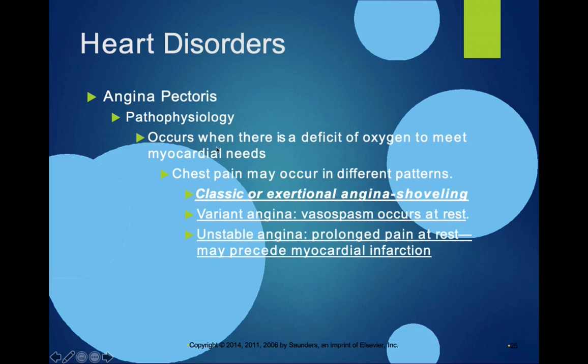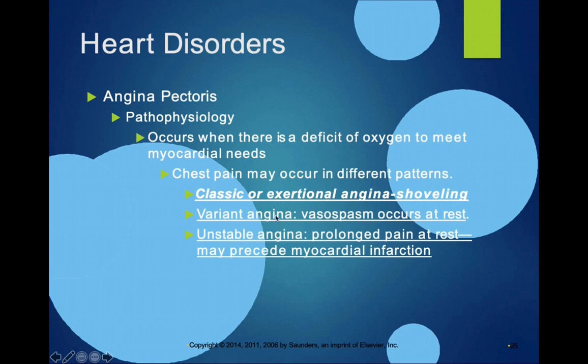So angina pectoris, this is when there is a deficit of oxygen to meet the heart's needs. And this shows up with chest pain, right? The classic angina or exertional angina, this is when grandpa would go outside, or dad, if it was a little bit older, right, with poor lifestyle habits, who would shovel and then he would pause and grab his chest. That's classical or exertional. The chest pain or the angina in the pectoral region only happens on exertion.